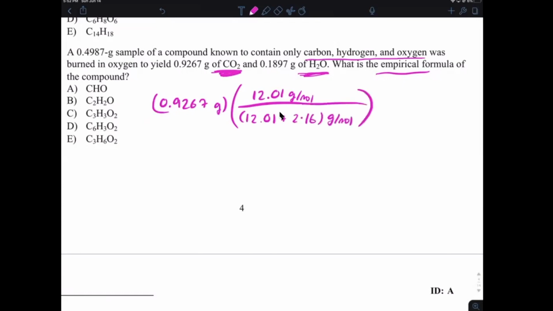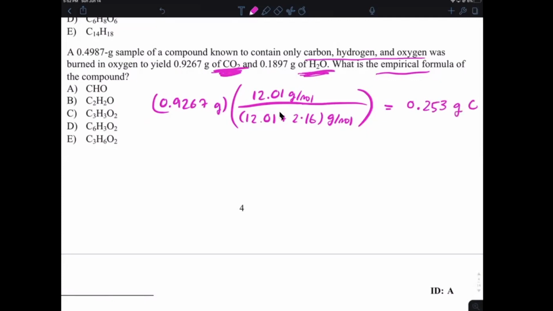So this is just telling us there's this much carbon for every one of carbon dioxide. So if we multiply, we should get around 0.253 grams of carbon. So all the carbon came from the CO2.